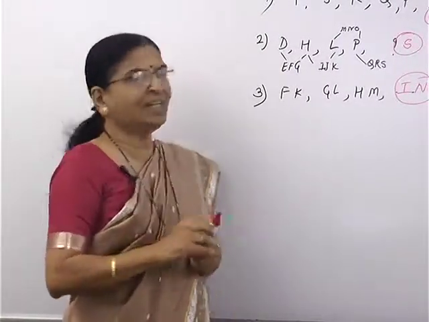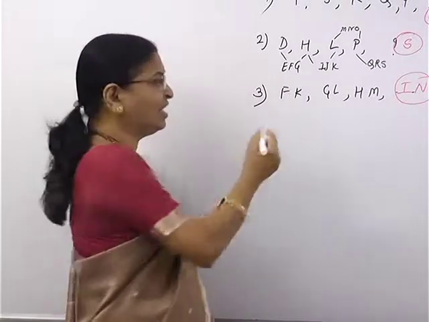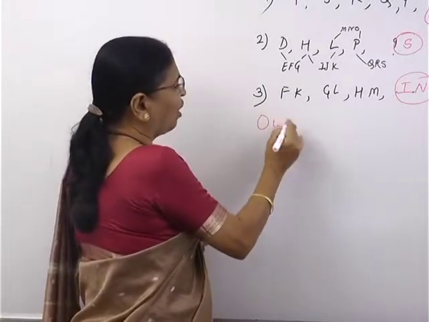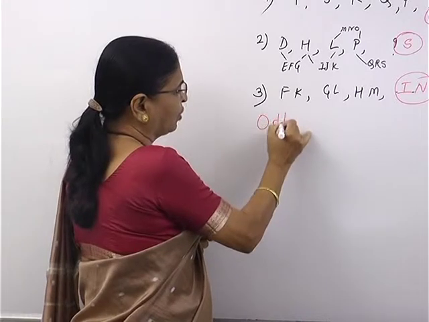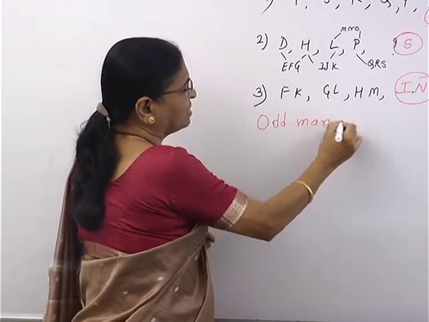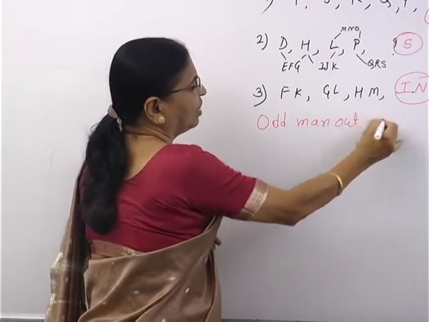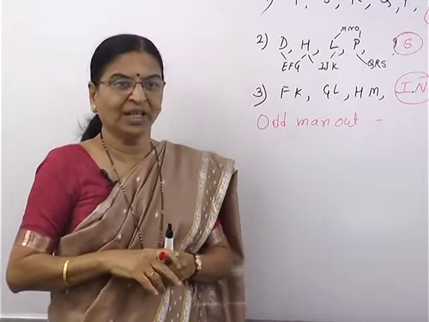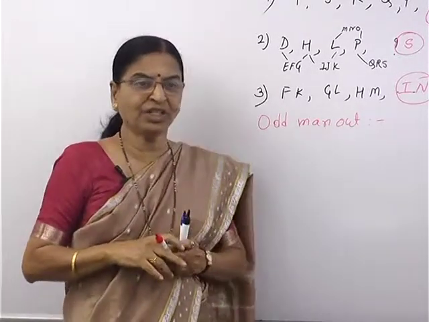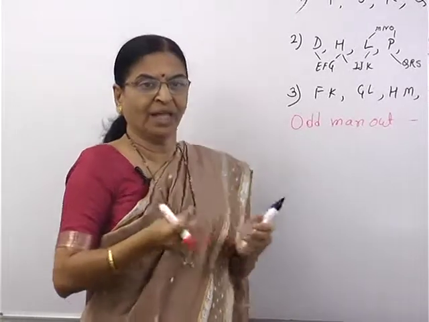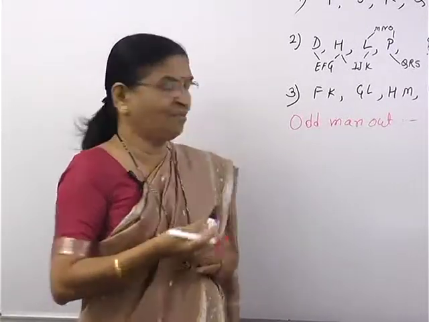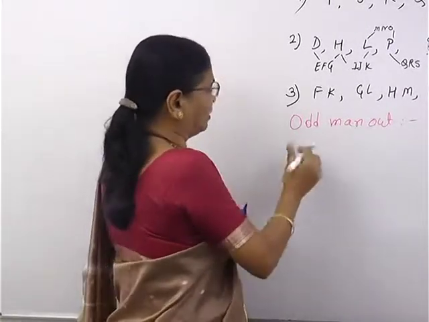Now see, these are about the series and sequence. Now I will find out odd man out. Okay, odd man out, that is which does not fit in the given group. There can be some alphabets or letters given.